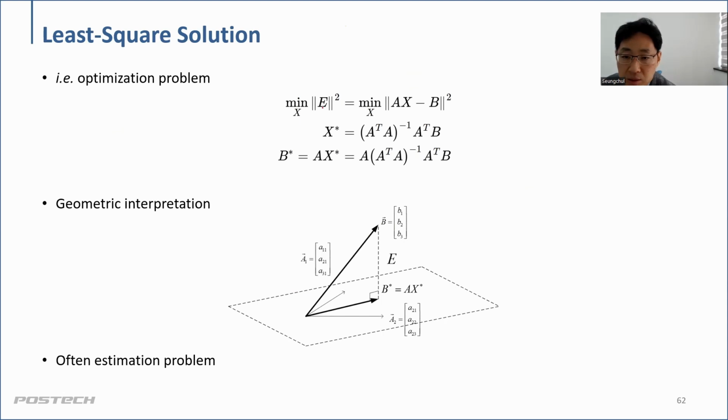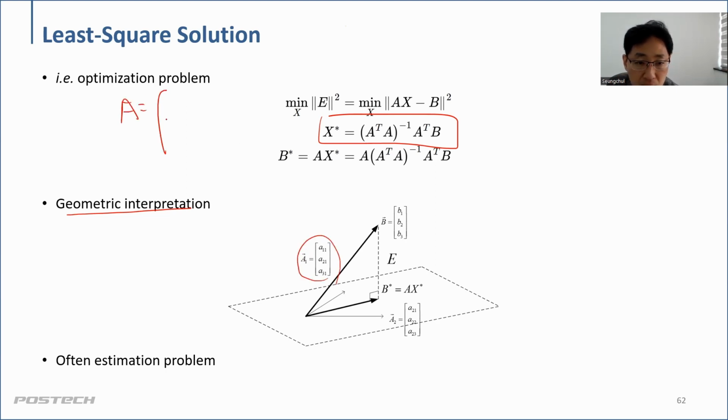So let's see, these are the solutions. And again, don't worry about how complicated it looks, but I will go through it one by one. And geometric interpretations. Again, this is the A matrix, A vectors. This is the A matrix.